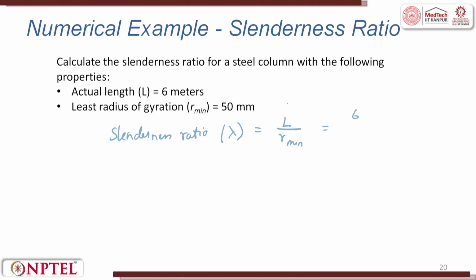So, I convert the meters into millimeters. It is 6000 millimeter divided by 50, which is nothing but 120. So, the slenderness ratio lambda is 120. Okay. So, this is how you calculate the slenderness ratio.